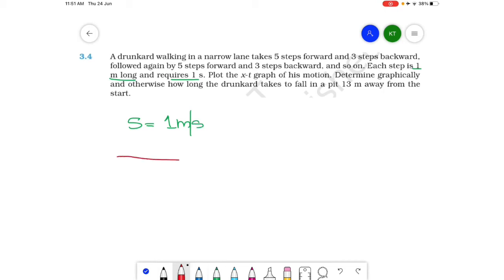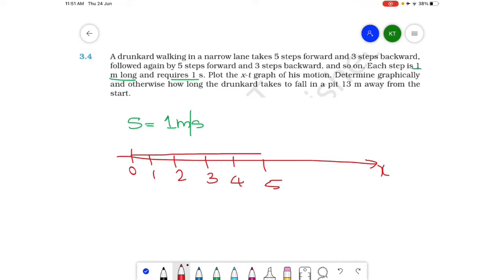Now, let's draw the X motion. This is an X graph. So this is 0, this is 1, 2, 3, 4, 5. So this man walks, takes 5 steps, 1, 2, 3, 4, 5, and he takes 3 steps backward, 1, 2, 3.